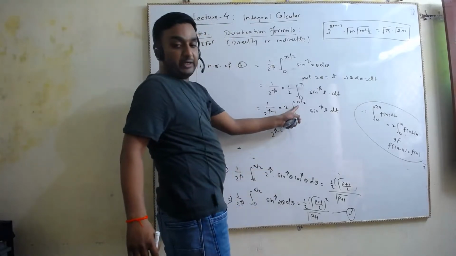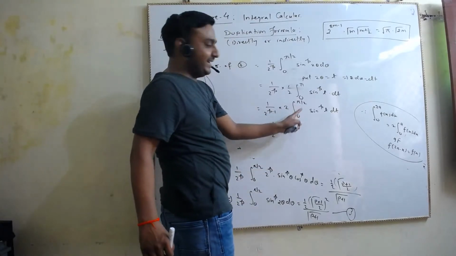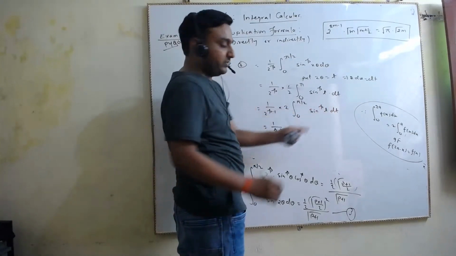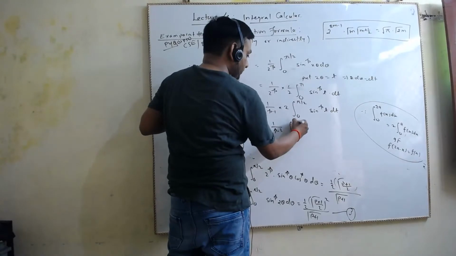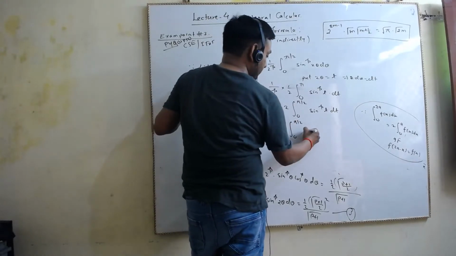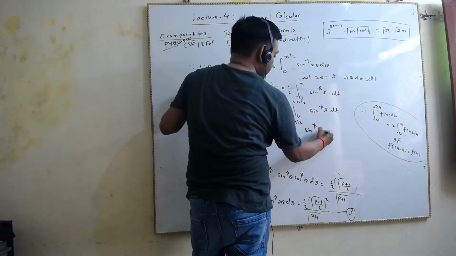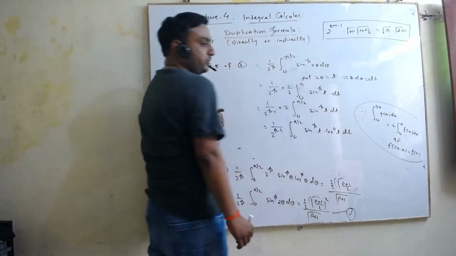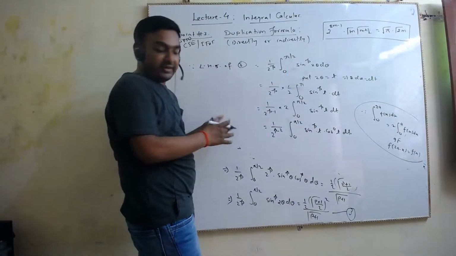Now 0 to pi by 2 is the limit. So what can you write here? Sin m theta cos n theta. Let me write it once, 0 to pi by 2, right? This can be written as sin pt into cos 0t, cos power 0, anything to the power 0 is 1, right? Finite value.